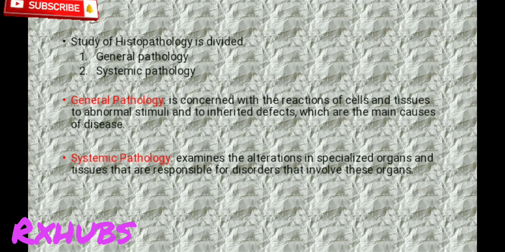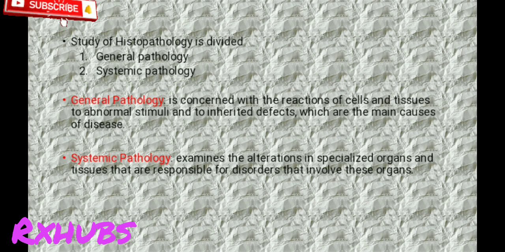The study of histopathology is divided into two, which are general pathology and systemic pathology. General pathology is concerned with the reactions of cells and tissues to abnormal stimuli and inherited defects, which are the main causes of disease.